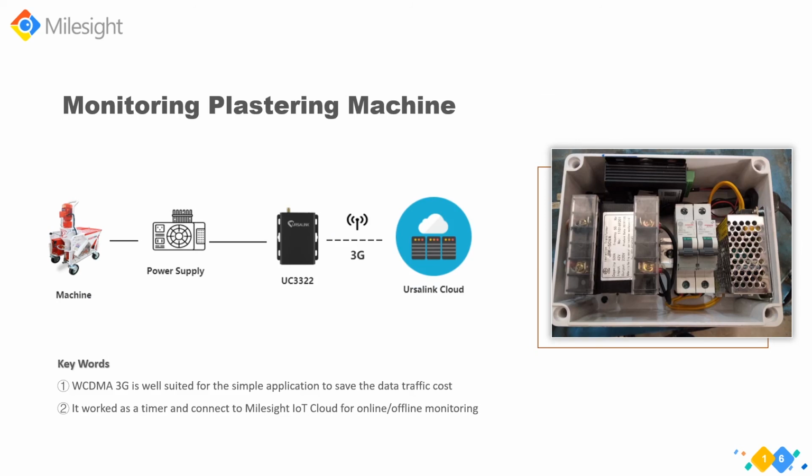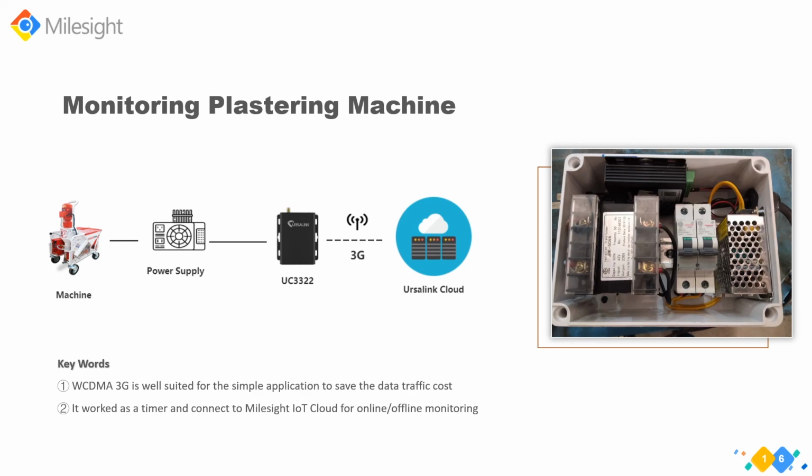And in this case, the customer is running a business of lending industrial machines and charging the cost by hours. So they make use of our UC3322, this 3G cellular-based controller. It works as a timer to capture the operation time of the plastering machine, because this controller is installed inside the machine's power supply box.